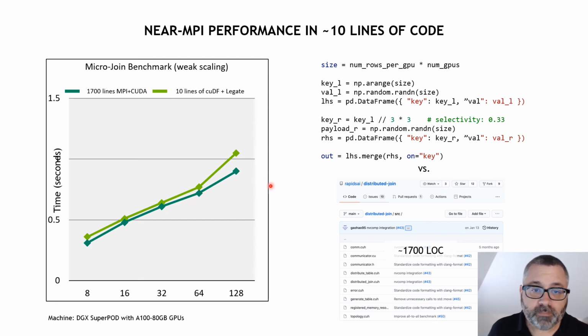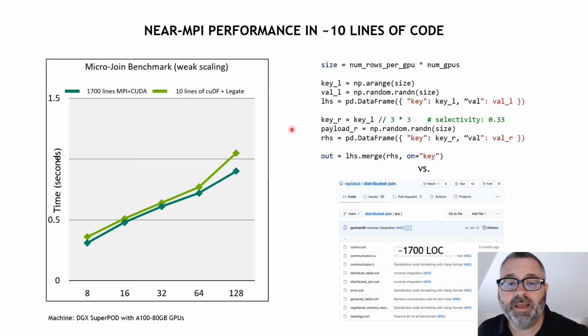In terms of productivity, it takes a lot less programmer effort to write this code, which means when programmers have new ideas they want to try out, they can write this code very quickly and expect to get very good performance compared to the handwritten code, which will take much, much longer to develop.